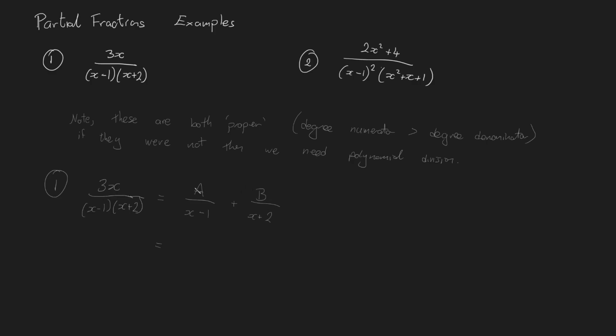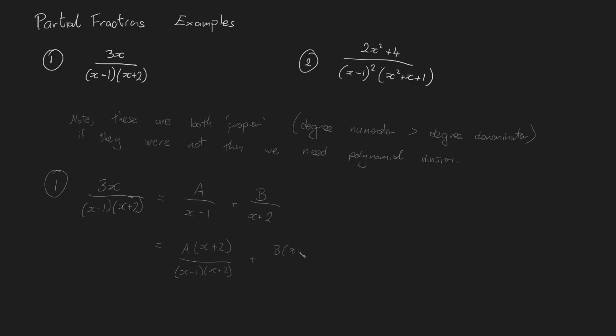Bring this again into a single rational expression, essentially trying to work out that these two are the same, so write them in the same way. To do that, multiply this top and bottom by x plus 2. So we have A times x plus 2, divided by the product x minus 1 and x plus 2. And then similarly in the second case, multiply top and bottom by x minus 1.